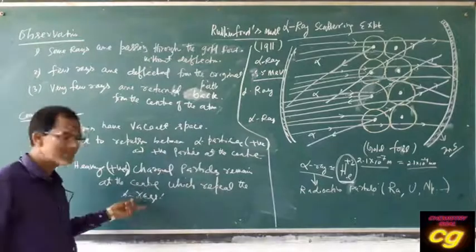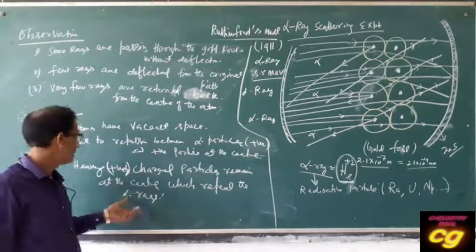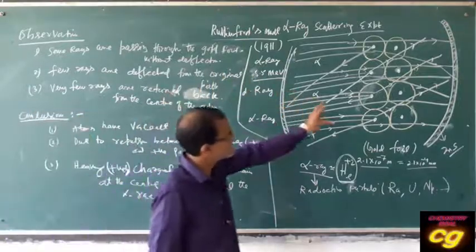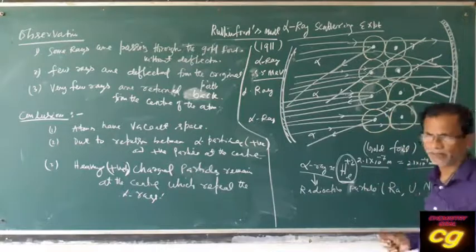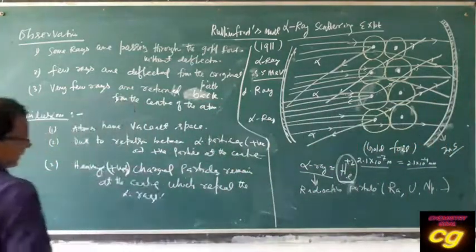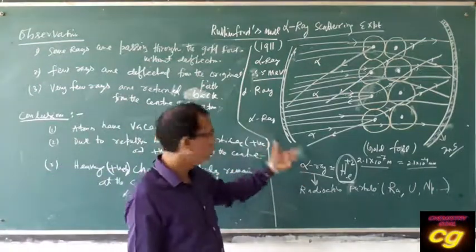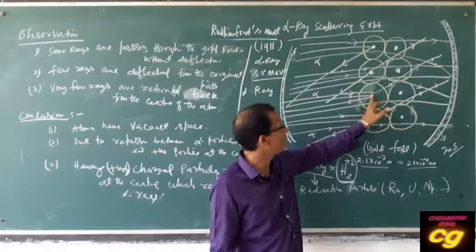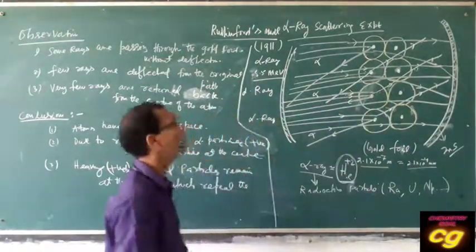Because the alpha ray is somewhat less heavy, but the particles at the center are heavier than the alpha ray. If you compare the mass, if you compare the density, the alpha ray particle density is low, but the central part of the atom carries heavier particles.